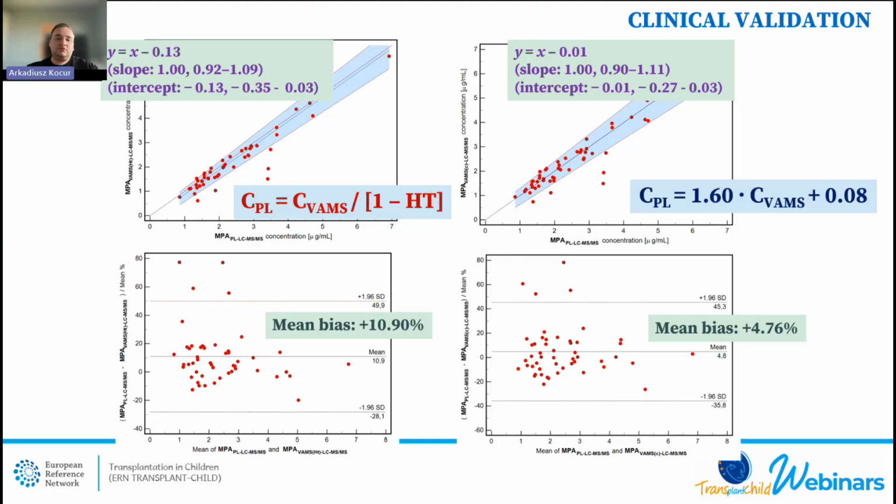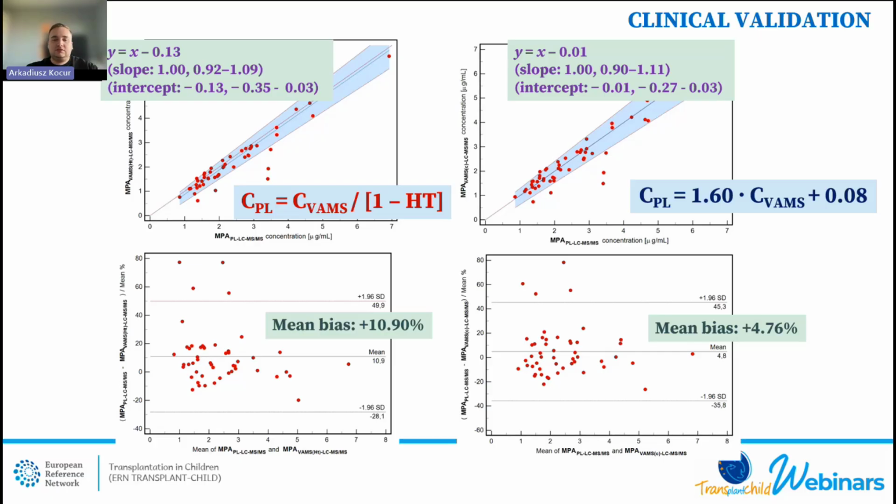The first one is based on individual hematocrit level. It's necessary to measure the hemoglobin in the VAMS. It's possible, and the hematocrit is estimated based on hemoglobin level. And more suitable for daily clinical practice is the formula for recalculation.